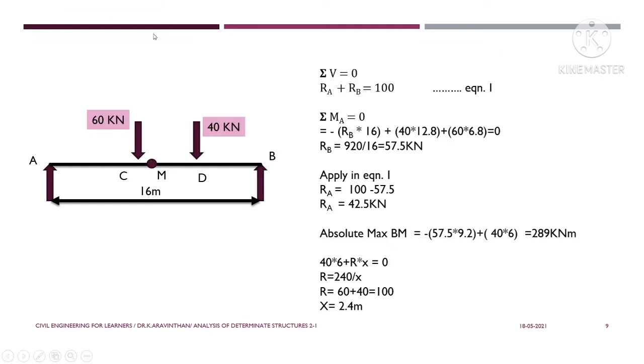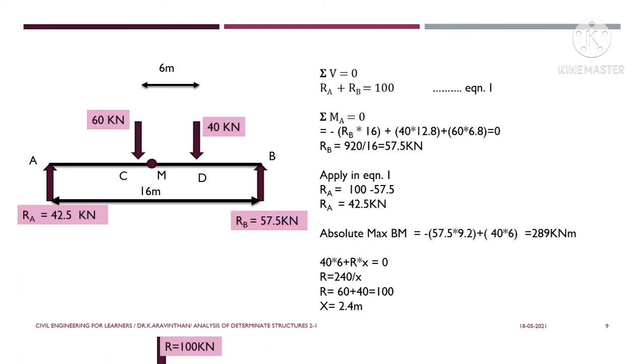So first you have to find the resultant force for these 2 point loads. The distance between the 2 points is 6 meter. If you have 60 kilonewton and 40 kilonewton, I want to make the two loads into a single load, which is known as the resultant load.